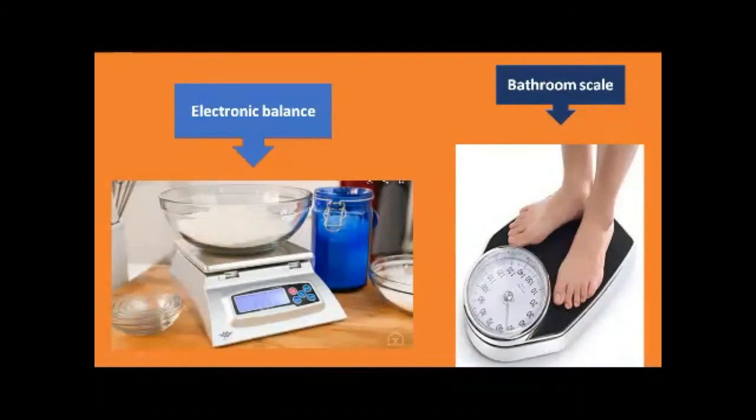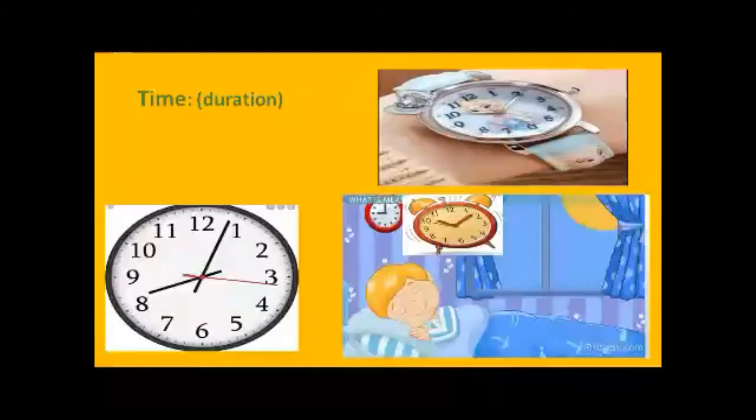You can also check your body weight with this scale. So we have learned four scales to measure weight. Number one, kitchen scale. Number two, two pan balance. Number three, electronic balance. And the fourth one is the bathroom scale. Okay, got it? Now move to the next one, time.